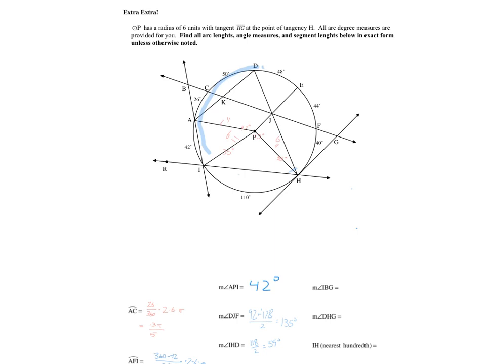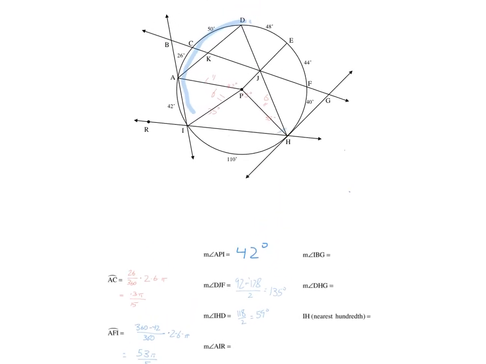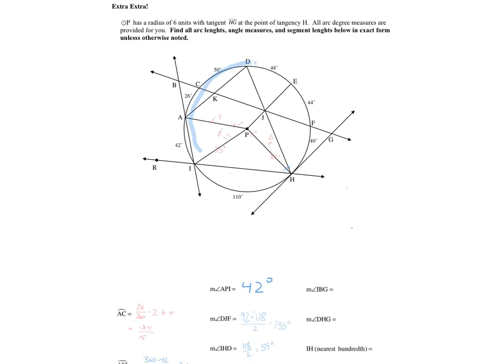Okay, the next thing we're trying to find is AIR. AIR is going to be this angle right here. Now notice that this is made out of a secant and a chord.